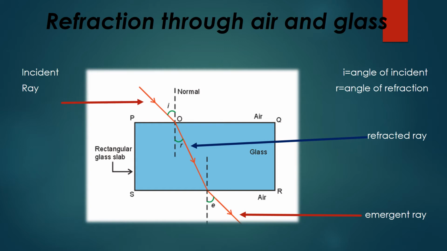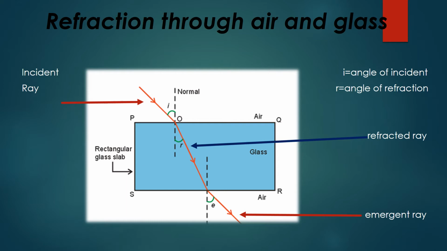Yes, very good. It is the ray of light that strikes a surface. So, in this picture, we can see when the incident ray comes from air to the surface of the glass, it bends towards the normal.